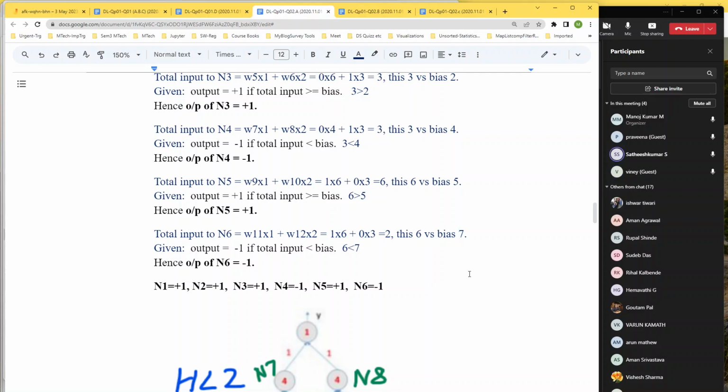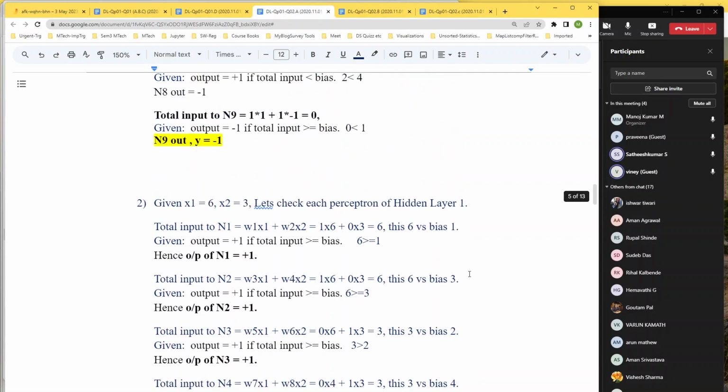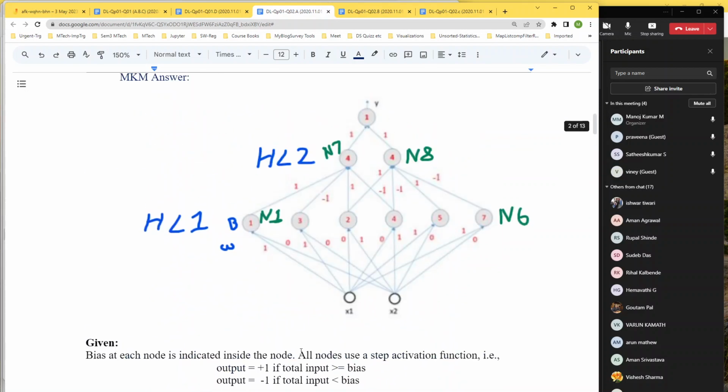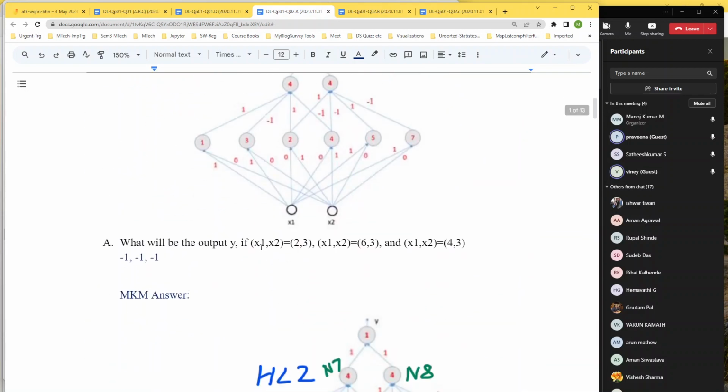We have changed the input in the second. They have mentioned three inputs, so x1, x2 are 2 comma 3, 6 comma 3 and 4 comma 3. We give the three inputs separately and need to find the outputs. The university has given the answer as minus 1, minus 1, minus 1, and we got the same answer here. Okay, I got it.